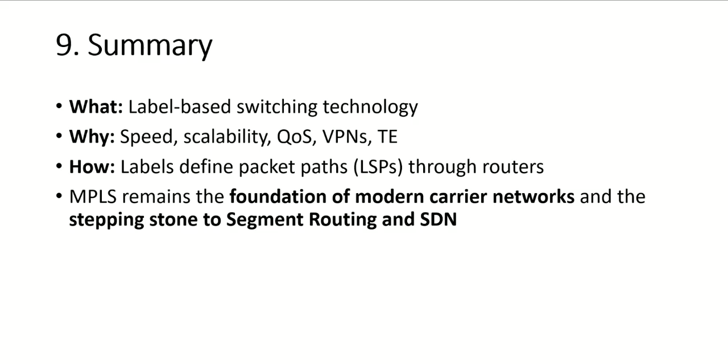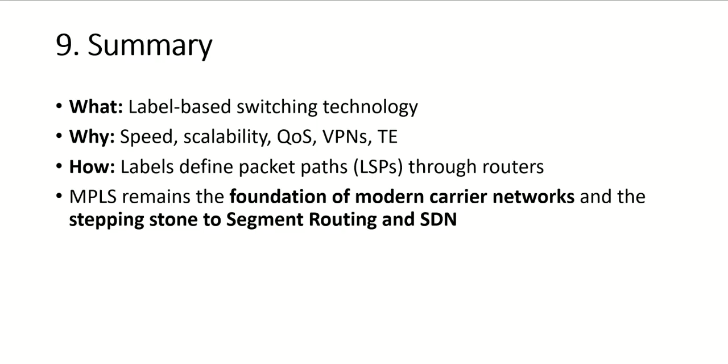We call it as LSP, label switched path. That's how the packets are switched. MPLS remains the foundation of modern carrier network and the stepping stone for segment routing and SDN.